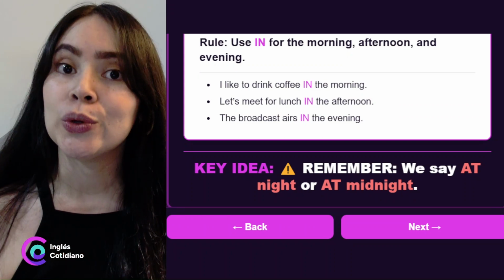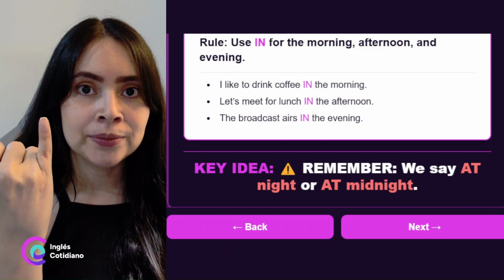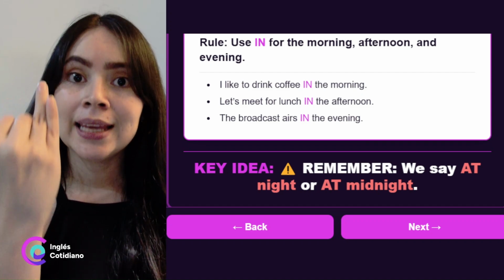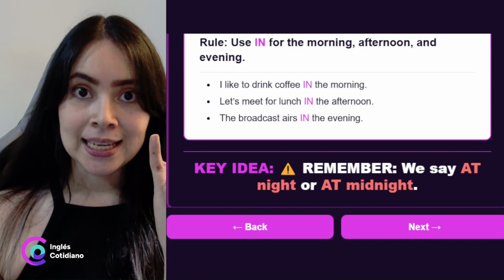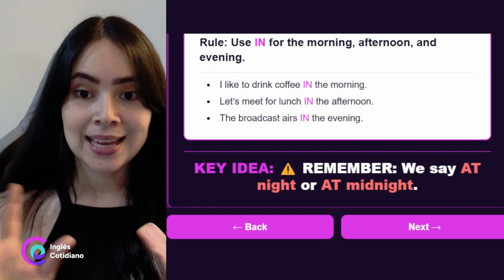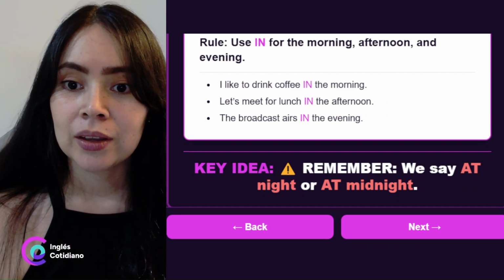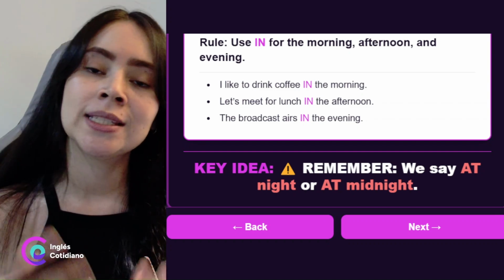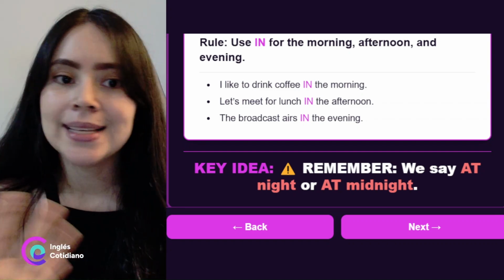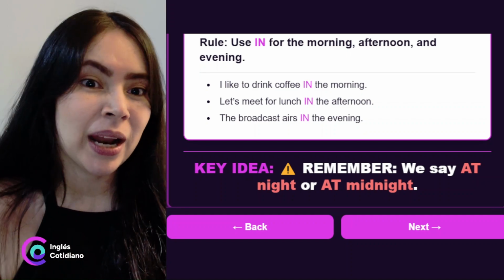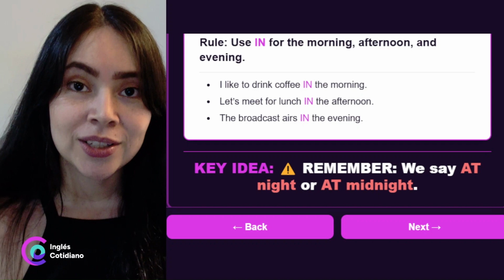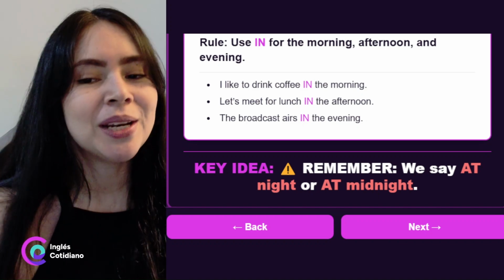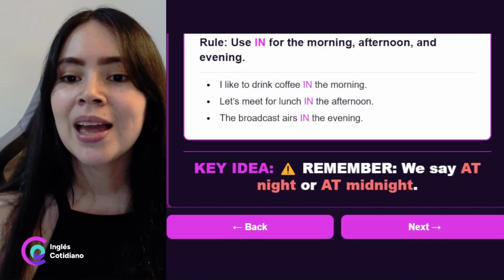And with the others, we use in the morning, in the afternoon, in the evening, but at night. This is the way you say these words in English. Why? There isn't any explanation exactly about this. These are just rules we need to memorize and we need to follow.